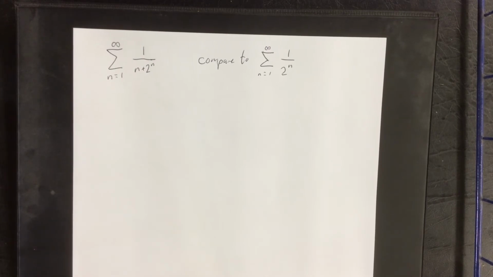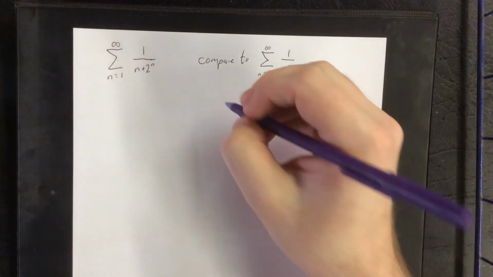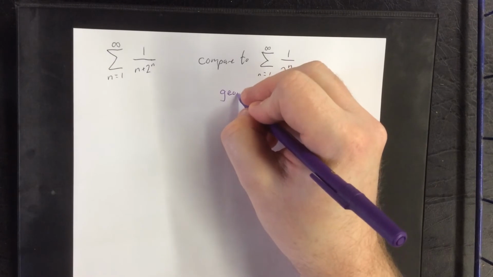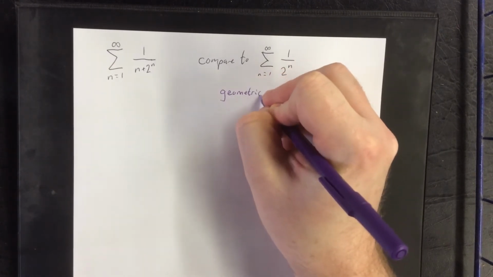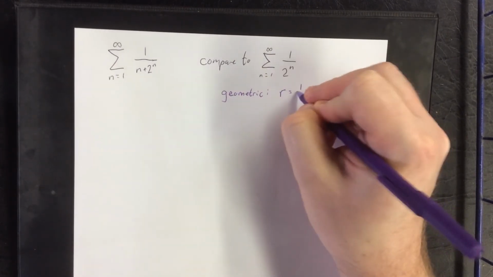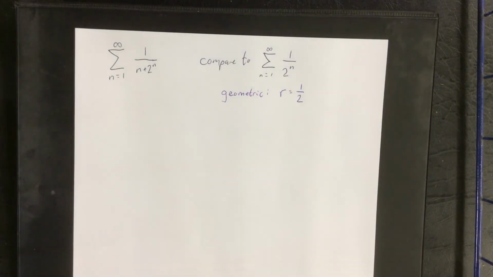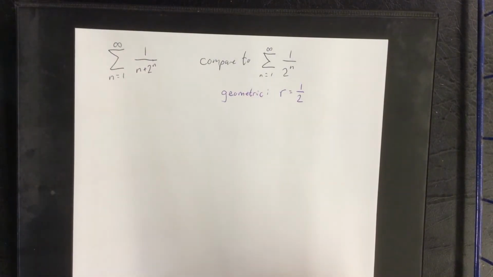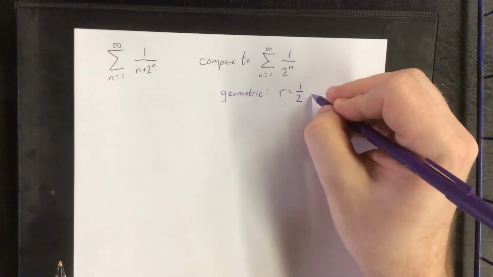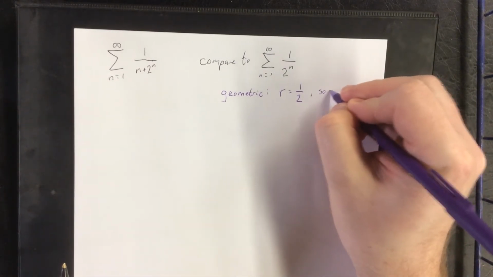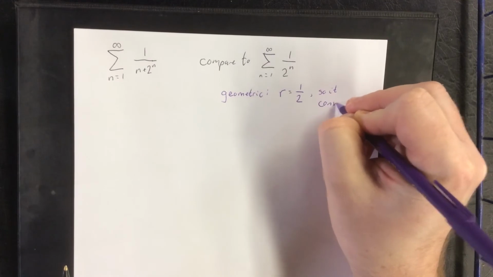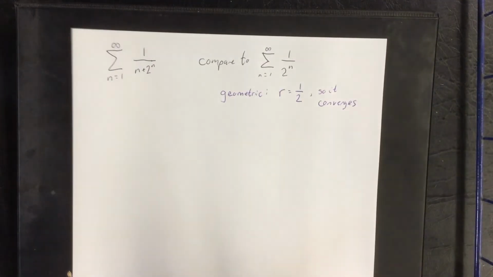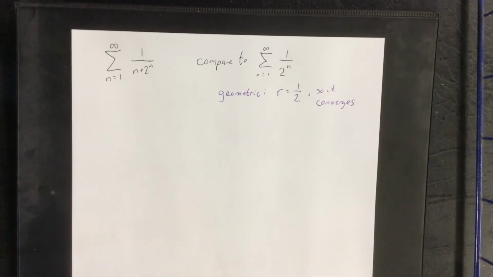Now the specs for this series, this would be considered a geometric series since we have a constant raised to an n power. The common ratio in this case would be 1/2. Every time n goes up by 1, each term is being multiplied by an additional 2 in the denominator. Now with that in mind, the ratio is less than 1, so this converges.